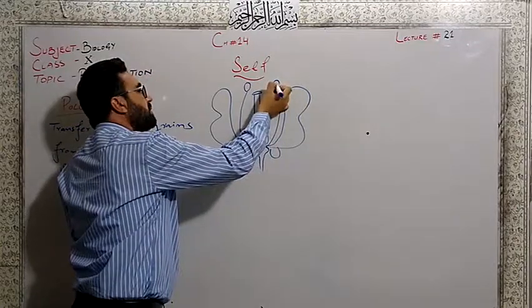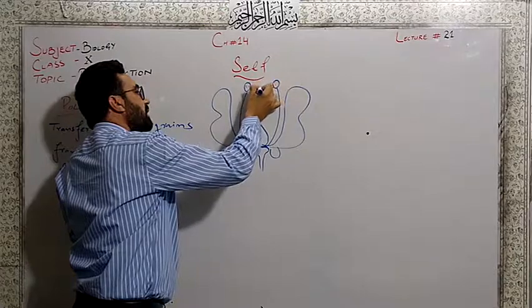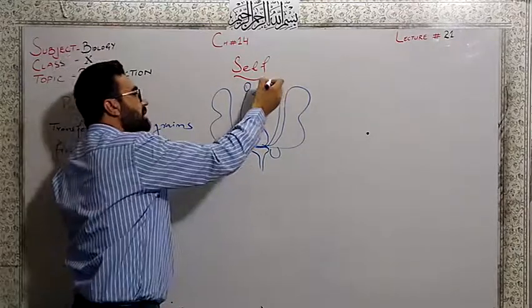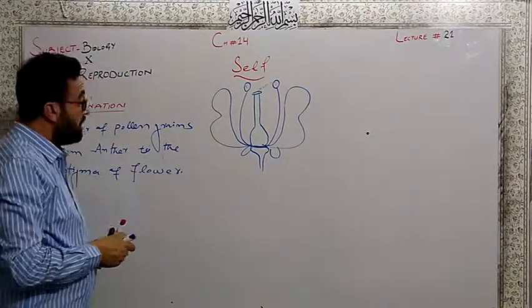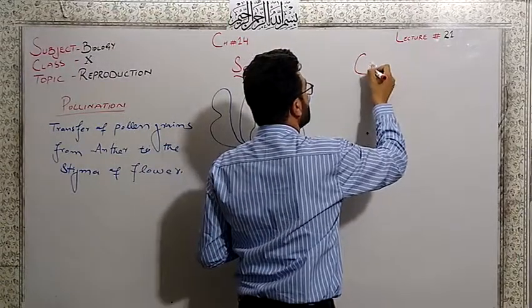If the pollen grains of the same flower are coming on the stigma, on the same flower stigma, then this type of pollination is called self-pollination.